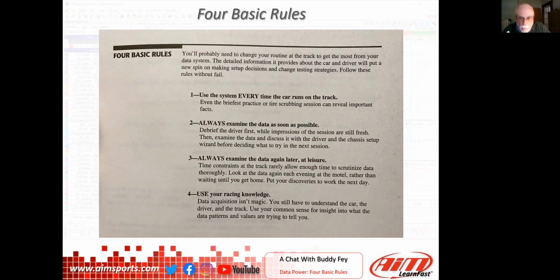But the thing that the number 4 there reflects, again, if I was just standing here talking about it without even looking at that as a prompt, is that we all know a lot. And what we need to do when we're working with our data system is respect our own knowledge and say, okay, here's something in here, and I don't necessarily know what it's telling me right now, but I'm going to find it.